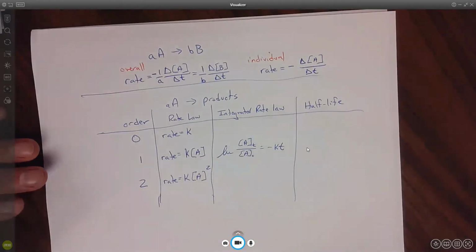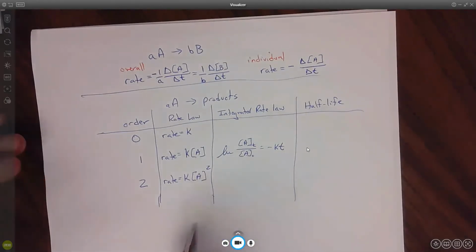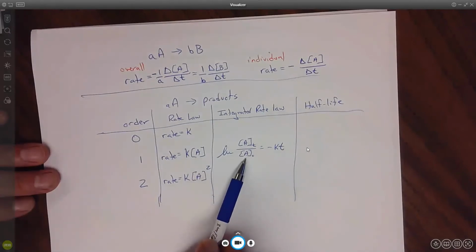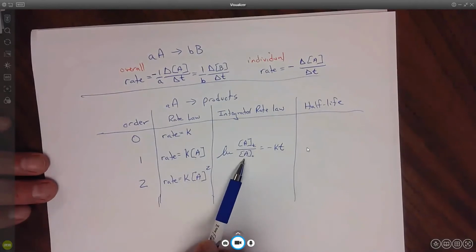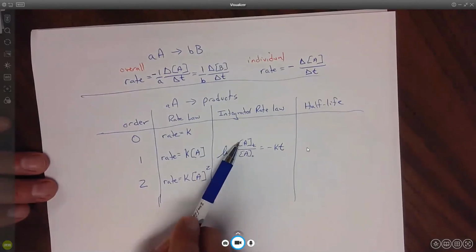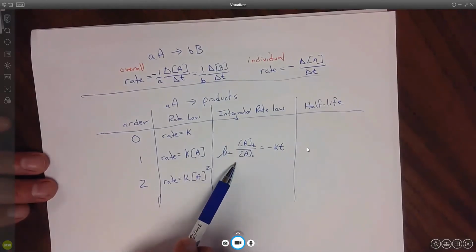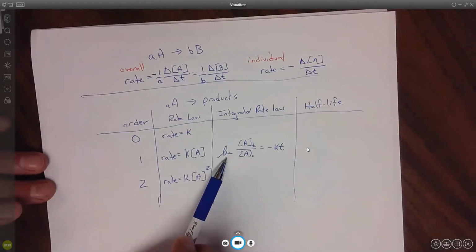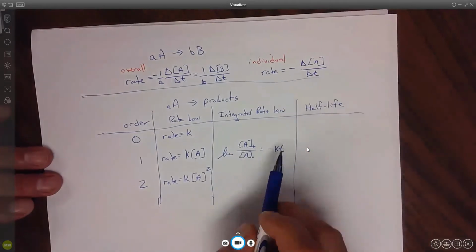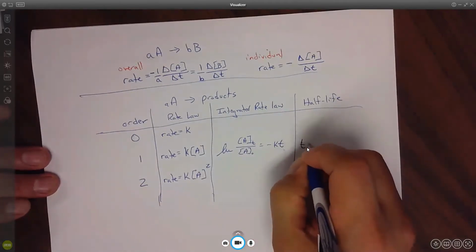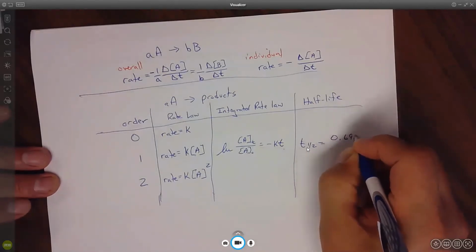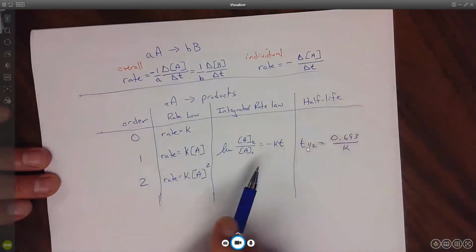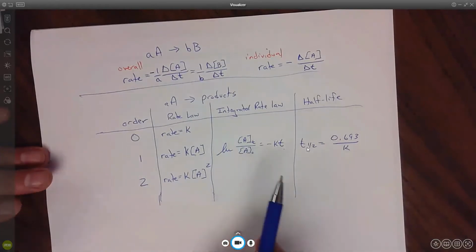And then we said the half-life, well, that's just when half of the initial concentration of the reactants is gone. So that'd be 1/2 that initial amount. We replaced this with 1/2 that initial amount. So that gave us 1/2. The ln of 1/2 is negative 0.693. And then that becomes T1/2. And so T1/2 then was simply equal to 0.693 over K. The negatives canceled because the ln of 1/2 was negative 0.693.